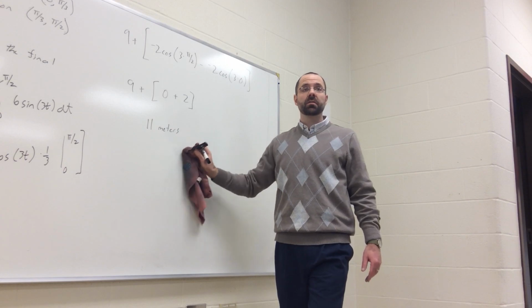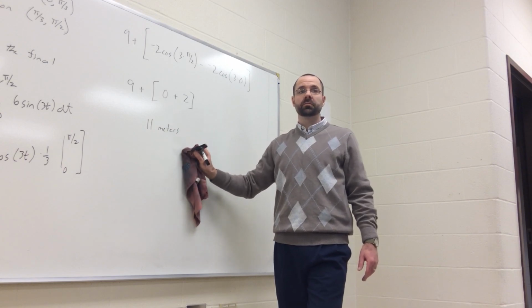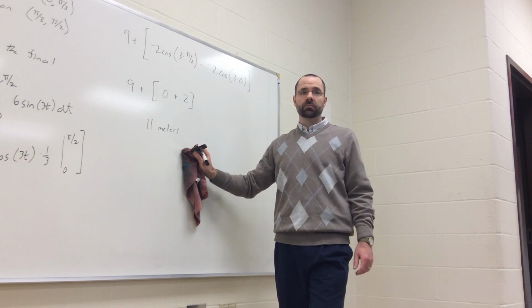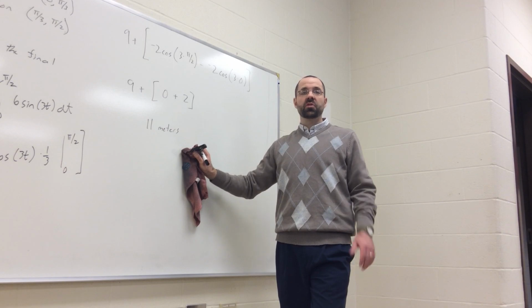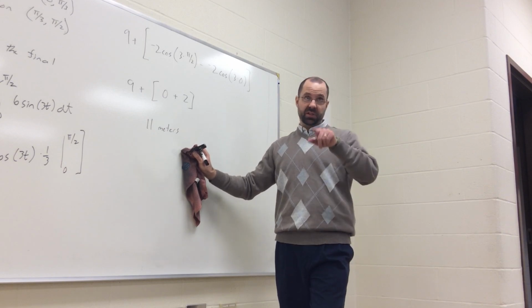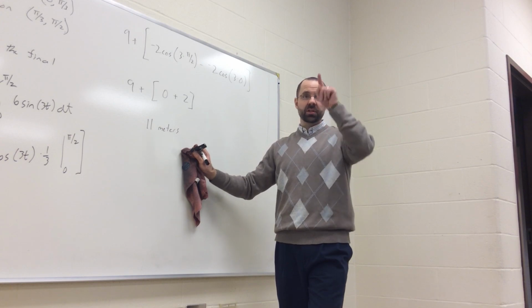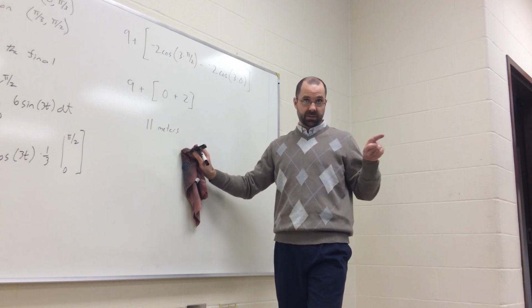I'm just wondering, if instead of a velocity per time graph, you had a position per time graph, you took the derivative of it, wouldn't it still be distance? No. Well, if you took the antiderivative of a position time graph, you would be taking meters times seconds.